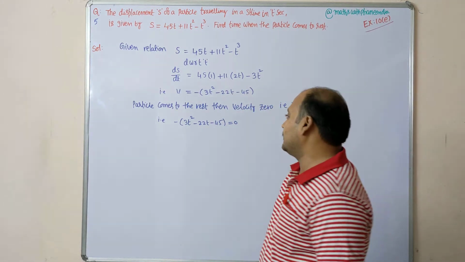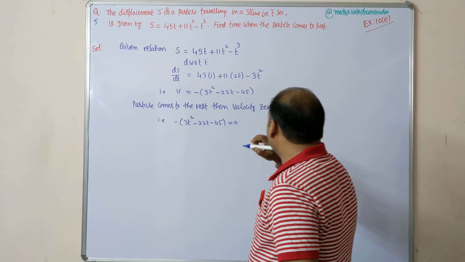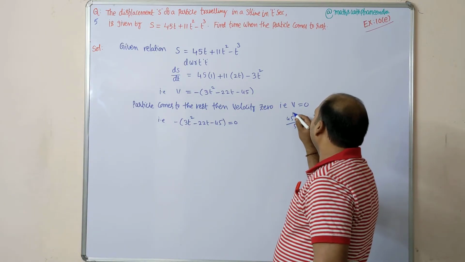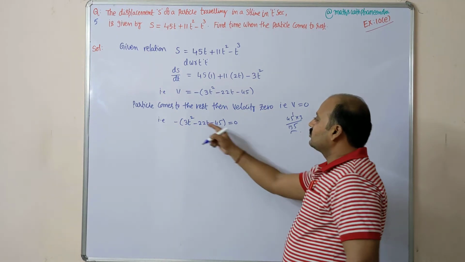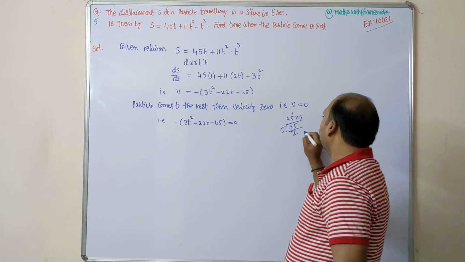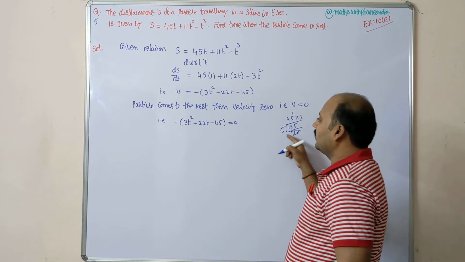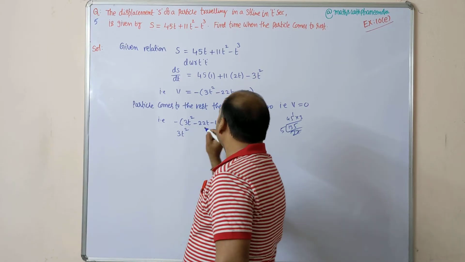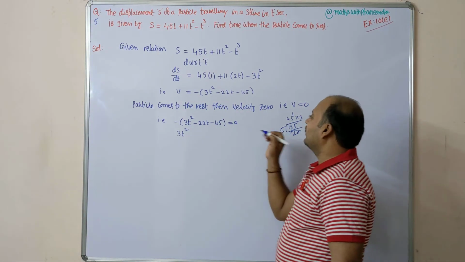So is factorization possible? 45, 3 fives are 15, 135. So 22 we want. 5 table, 5 2s are 10, 5 7s are 35. Yes. So we can take minus 3t square. 22 can be written as 27 and 5.